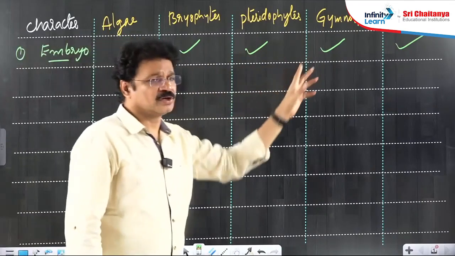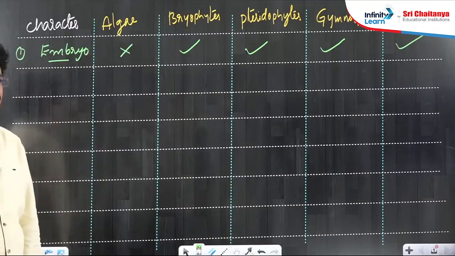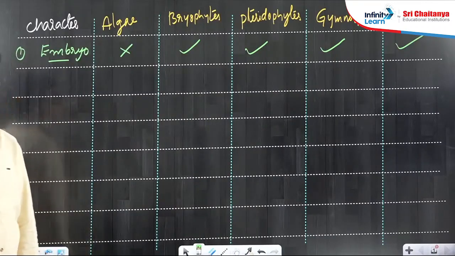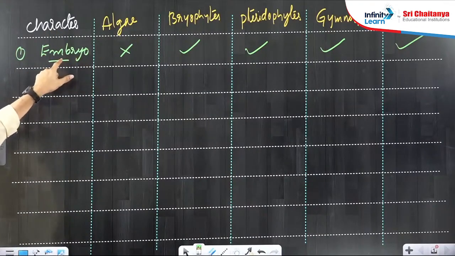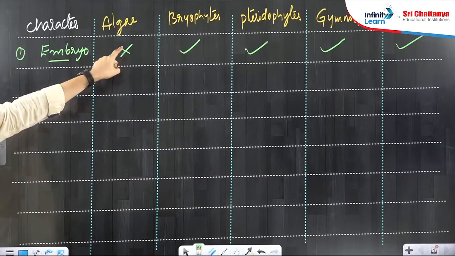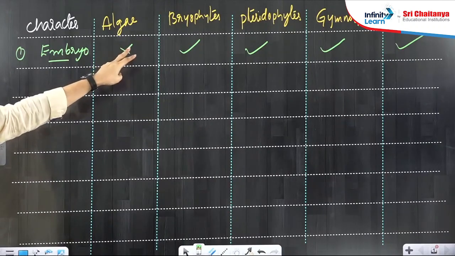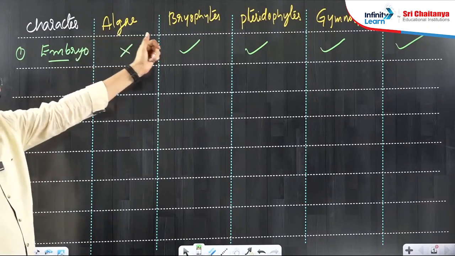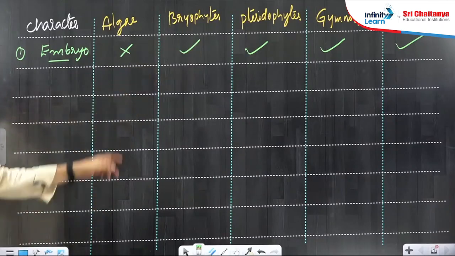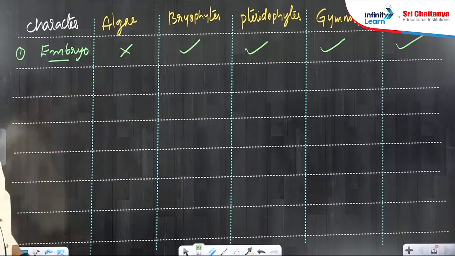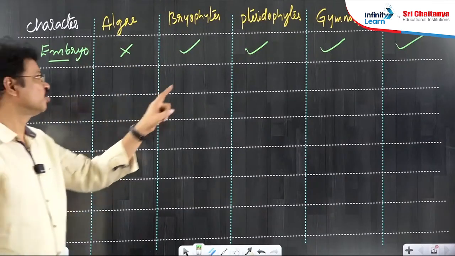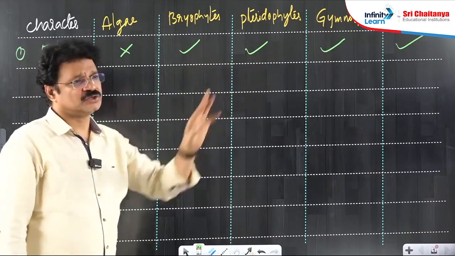Remaining all are embryophytes. So based on presence and absence of embryo, the entire plant kingdom is divided into 2 groups. One is non-embryophyta, the remaining all are embryophytes. Example for non-embryophytes, algae. Example for embryophytes, bryo, pterido, gymno, angio.